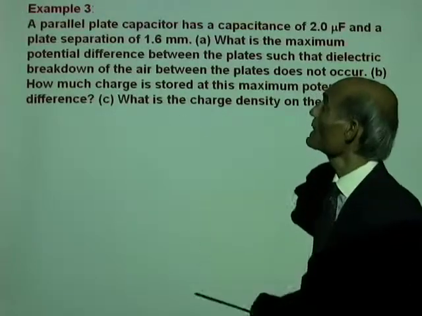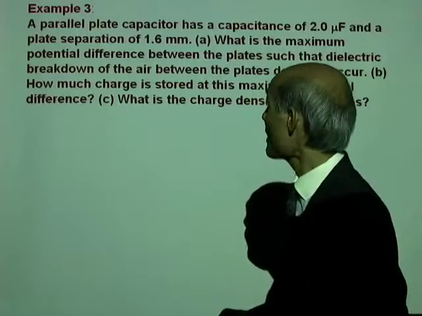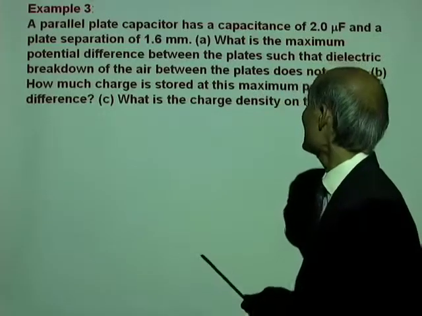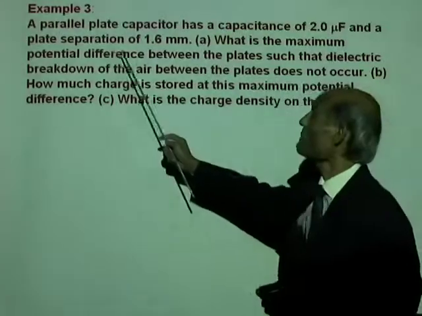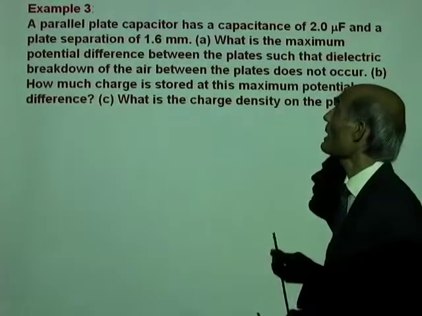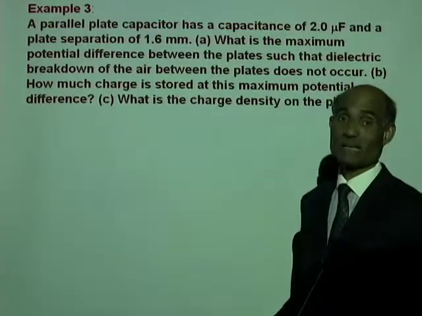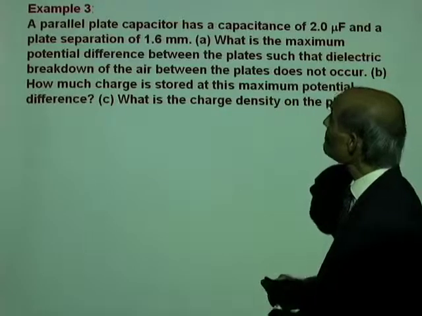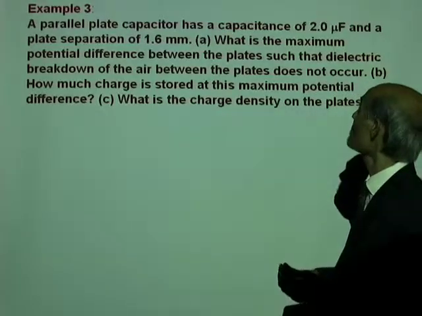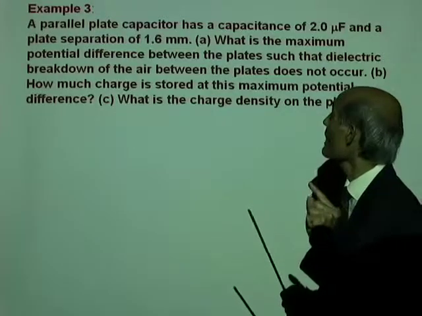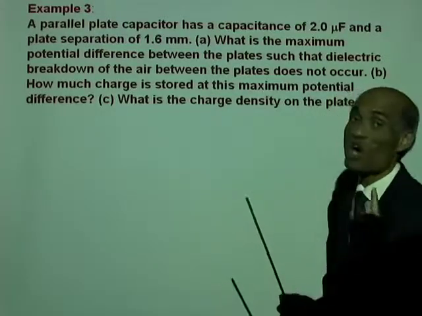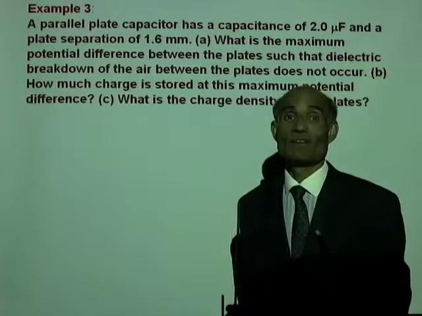Okay, let's do another example. A parallel plate capacitor has a capacitance of 2 microfarad and a plate separation of 1.6 millimeter. What is the maximum potential difference between the plates such that dielectric breakdown of air between the plates does not occur?